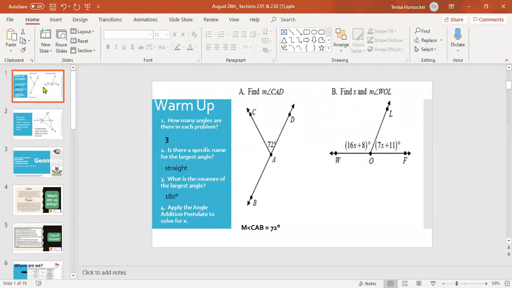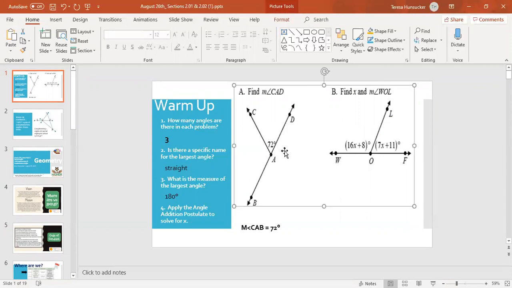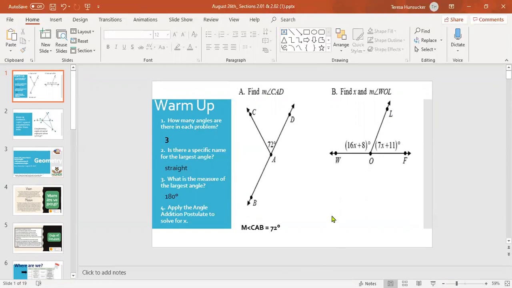Just to go ahead and get started on a warm-up, if you take a look at these figures A and figure B, they have something in common, and that would be the straight angles BAD and WOF. So there are 3 angles in each figure.